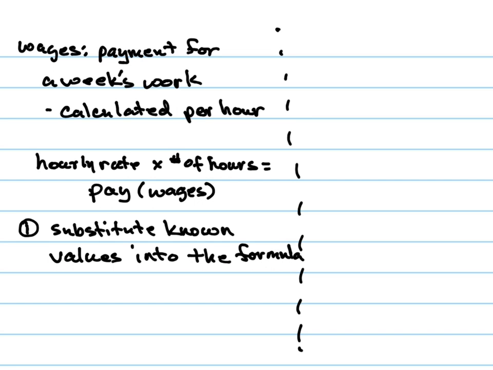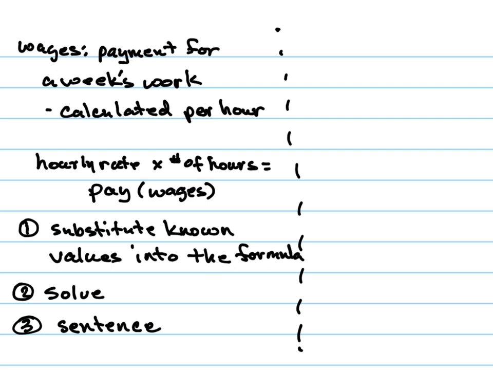Anytime you're working with a formula, it doesn't matter if that formula is for area of a circle or anything, when you're finding numbers, you're just going to be substituting into that formula. Second, solve. Third, answer your question in a complete sentence, right?